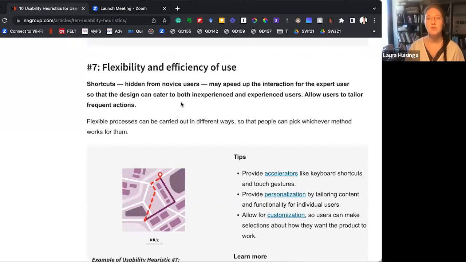It's going to create potentially anxiety and a desire to maybe get out of that product or service because it's too much. Once someone has learned a system, having those efficiency shortcuts in place for an experienced user and allowing someone to tailor them to that specific user's needs really increases the usability of that specific product for that individual.